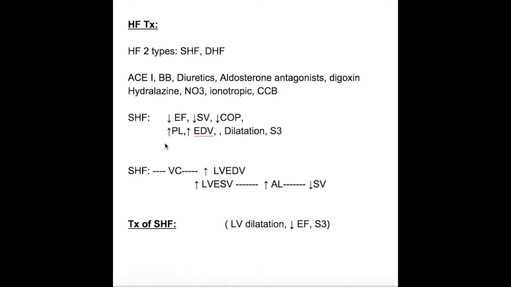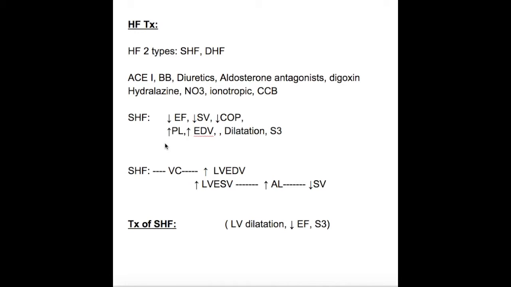So what is the treatment of heart failure? There are two types of heart failure, systolic and diastolic heart failure. So the drugs used in heart failure are ACE inhibitors, beta blockers, diuretics, aldosterone antagonists, digoxin, hydralazine, nitrates, inotropes, and calcium channel blockers.